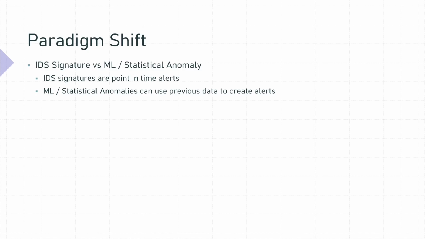It's looking at network logs or host logs, whether it's a network intrusion or a host intrusion, and it's going to say, hey, I saw this set of IP addresses, I saw this type of traffic, and I saw this set of data coming in this order. That becomes an IDS signature.